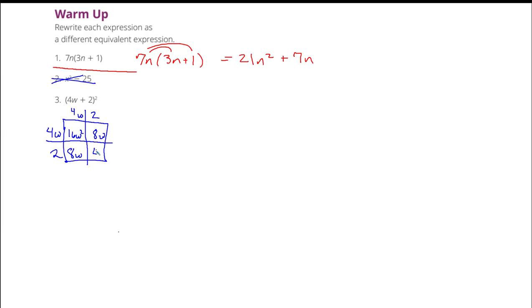And then we end up with 4. And so when we add those together and combine like terms, we have 16w squared plus 16w plus 4. And that would be your answer.